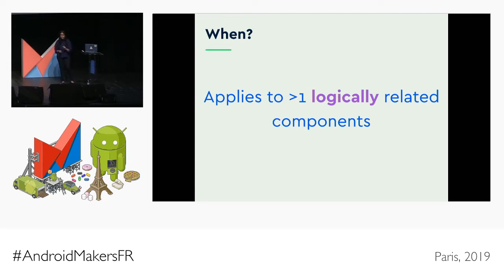And I say logically related component because you might have a card view and a dialog that have the same values for some of the attributes. But if you apply the same style to both of them in the future, when you go to update the style of a card view, it's going to affect the look of the dialog.